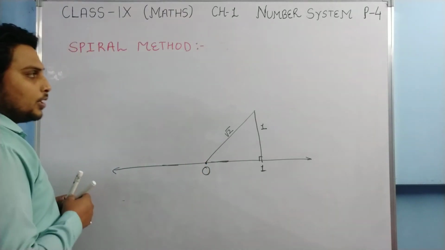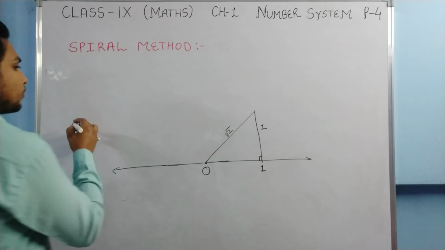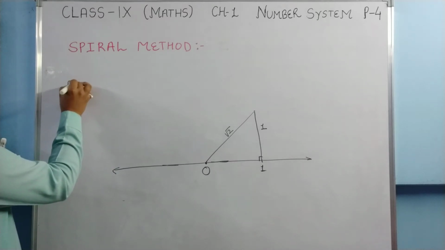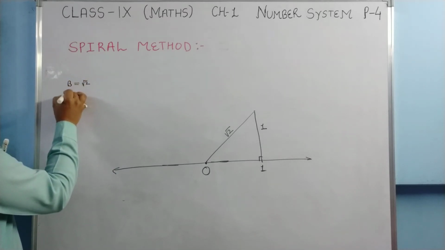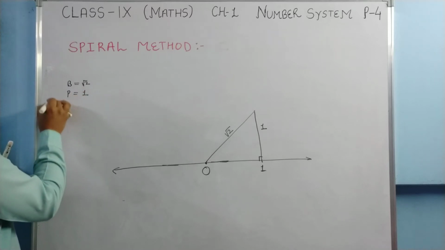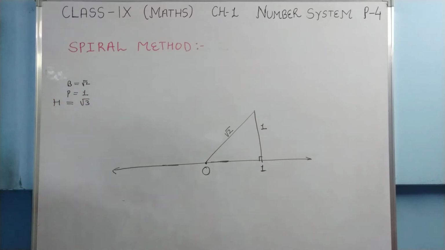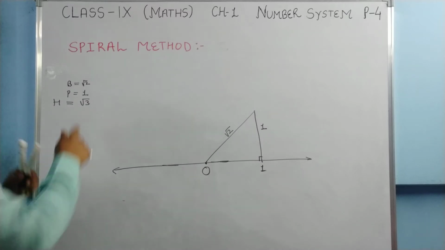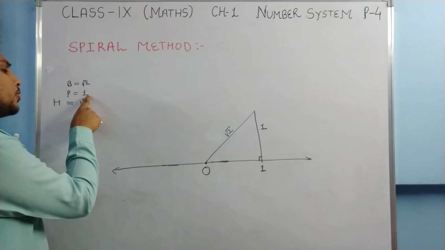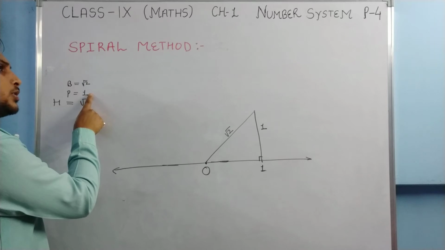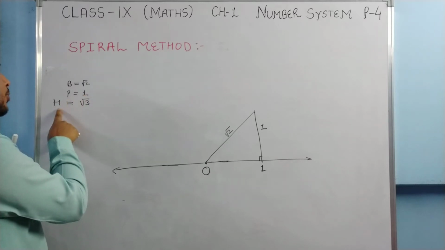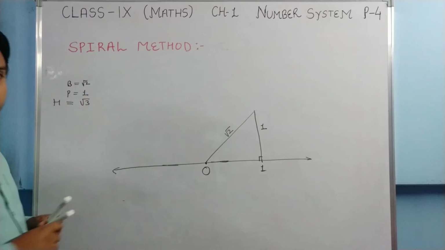Now if we take base as under root 2 and perpendicular as 1, then what value will we get at the hypotenuse? We will get under root 3. How? Base square is 2, perpendicular square is 1, 2 plus 1 means 3, so the hypotenuse will be under root 3.